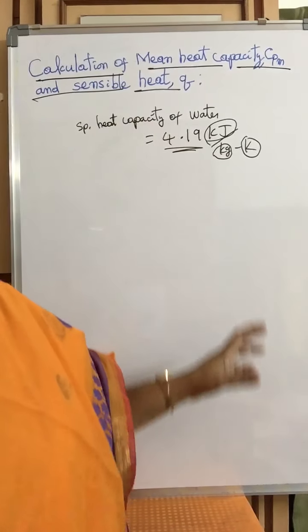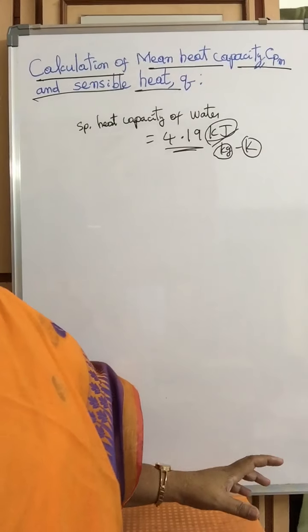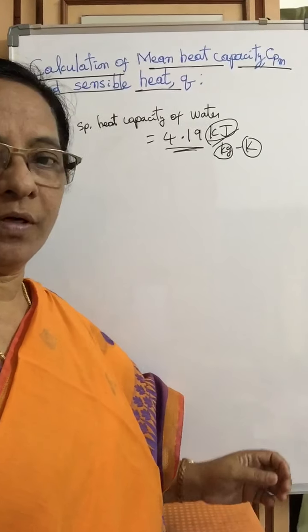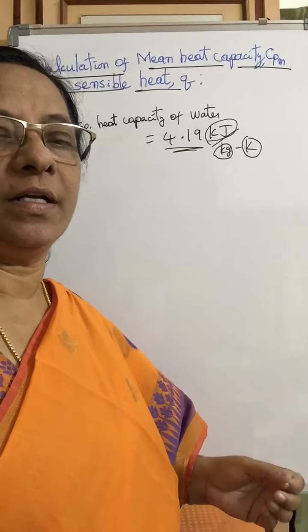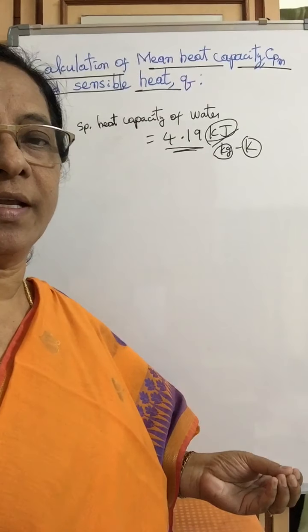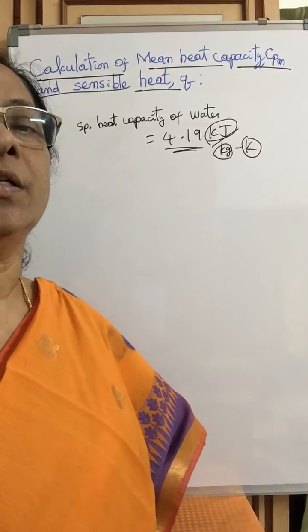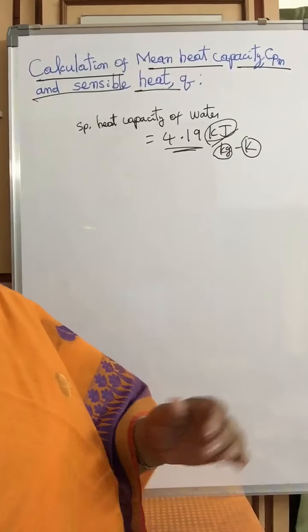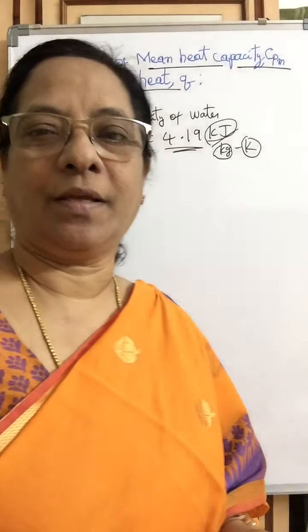Usually per kg data, specific heat capacity data is available in literature for different liquids, for different gases and also for solids. But now we will consider the application in the chemical industry.